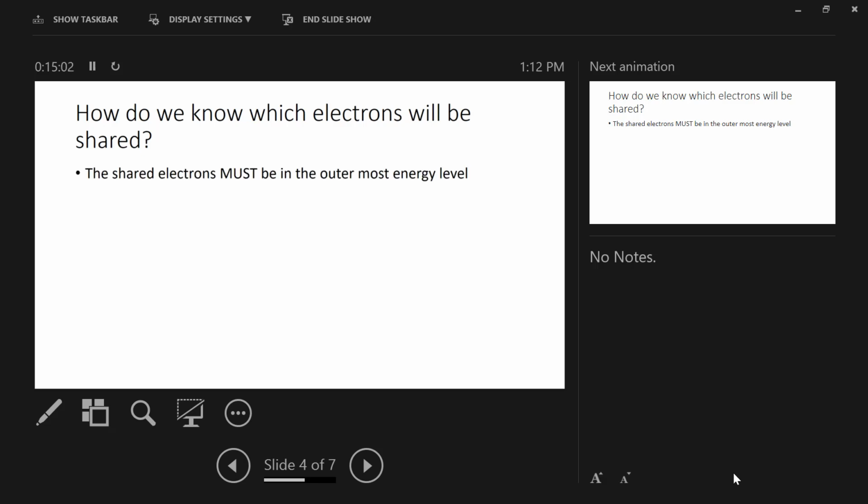All right, first point. The shared electrons must be in the outermost energy level.